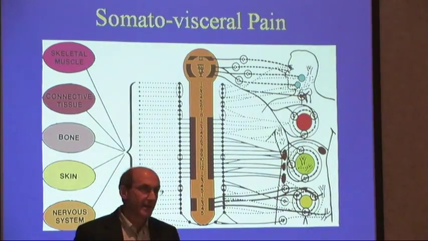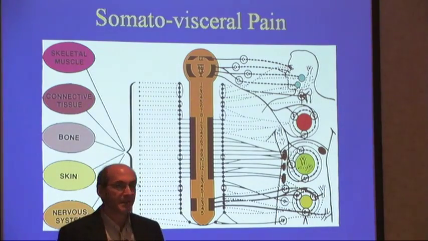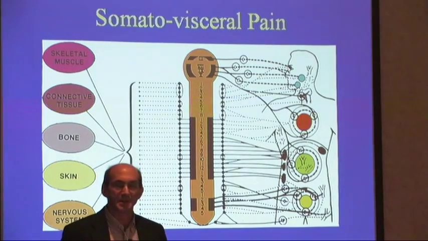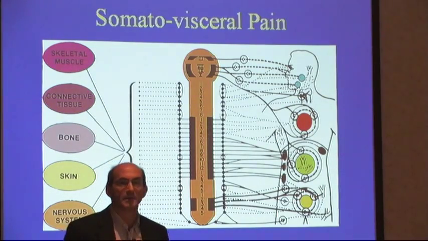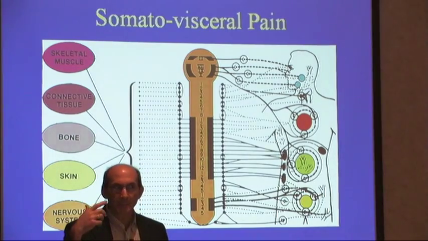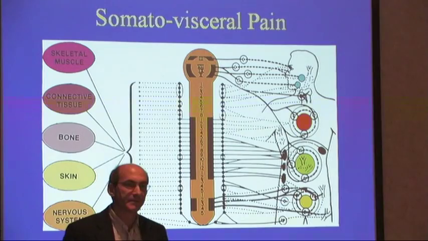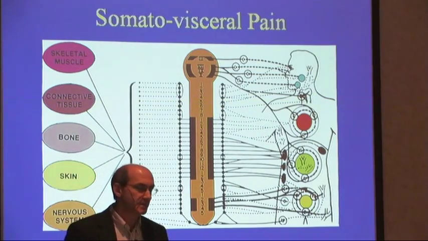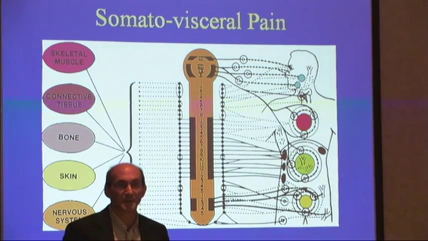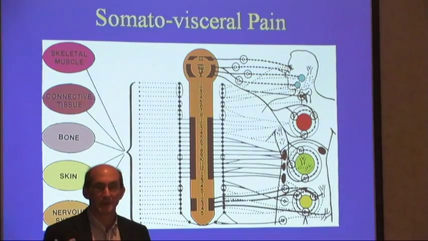I'm also a very big advocate of somatovisceral pain. All of us seem to understand that somebody can get a heart attack and that can affect their chest wall and their left arm. But what is it about us that makes us think it's a one-way street? Why couldn't you have an autonomic dystrophy or a sympathetic dystrophy of your left arm that may in fact cause arrhythmias or autonomic dysfunction in the heart?